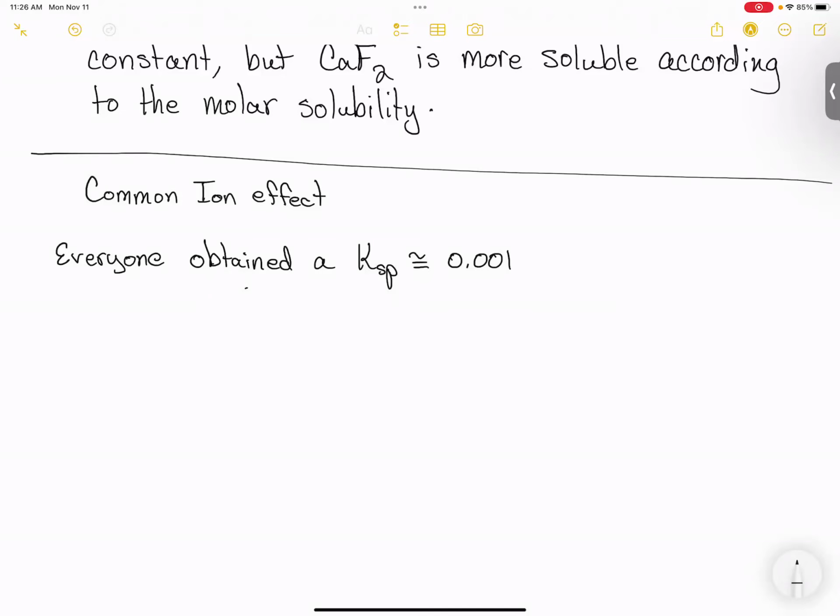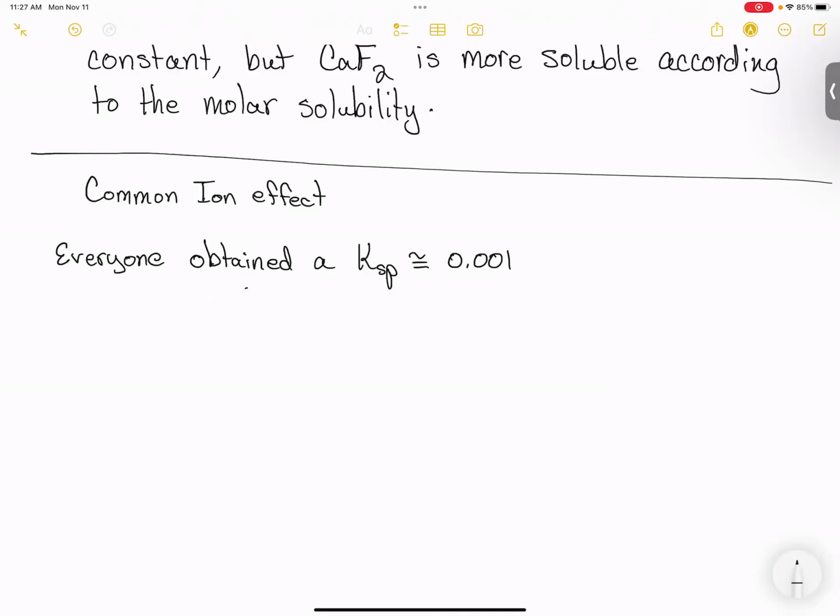From what I just said about molar solubility compared to equilibrium constants, does that make sense? That everyone's KSP should have been about 0.001, no matter what environment you have. Yes, because what does the solubility product constant depend upon?